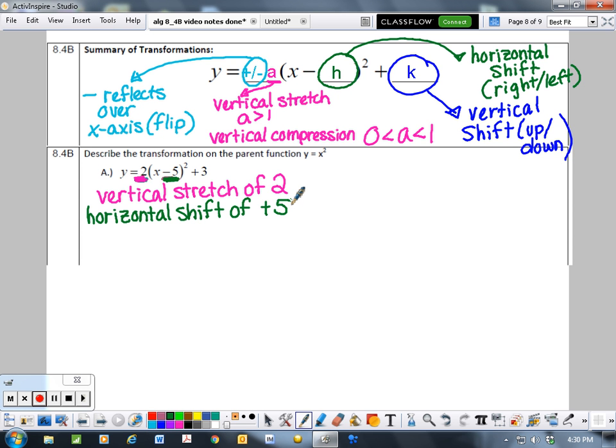So here we change sign. Make a little note to us. We change the sign. So this was really saying a horizontal shift of +5, which means we truly move our graph right 5. And then we come to our end value, which is our vertical shift. So this is a vertical shift of +3, which means we move up 3. And so this is how we describe what's truly happening to our graph.